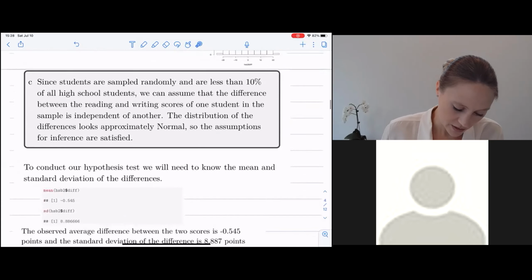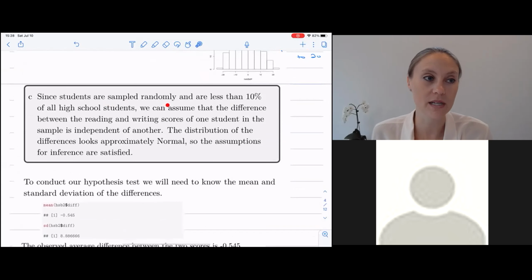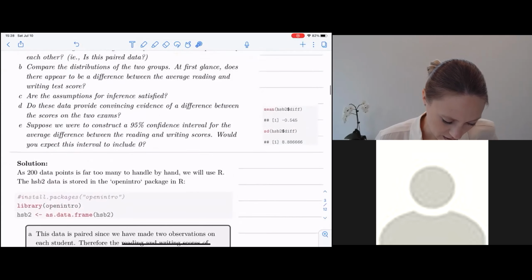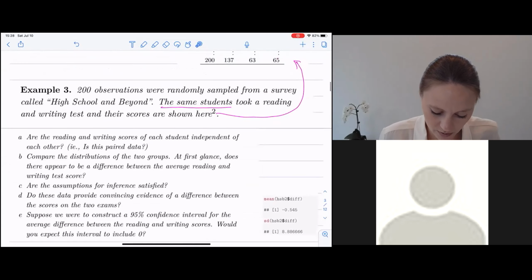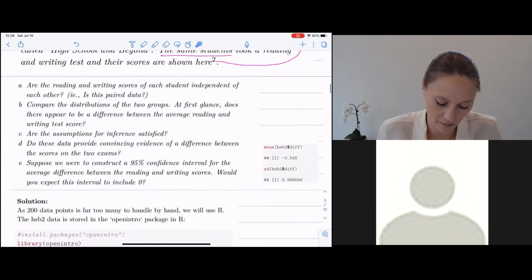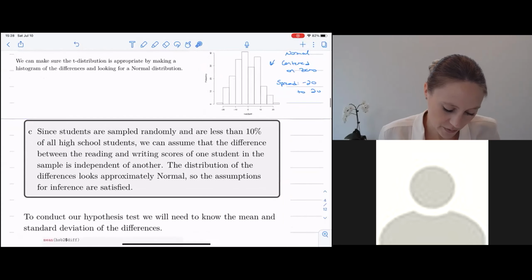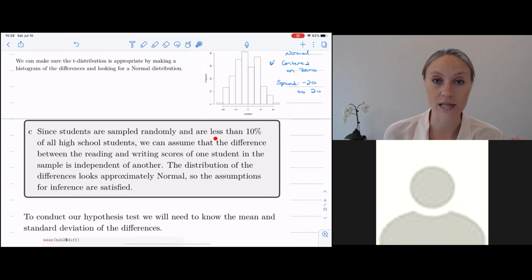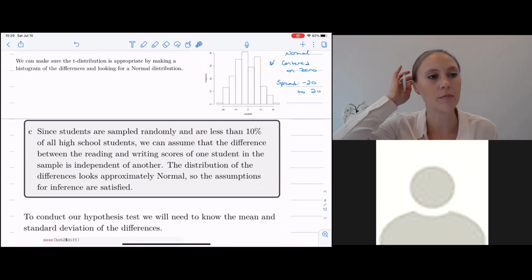Since students are sampled randomly, I think it even said in the question, yes, 200 observations were randomly sampled. We're told that they were randomly selected, so that's good. And 200 students is less than 10% of all high school students, so we're not taking up a huge chunk of our population.